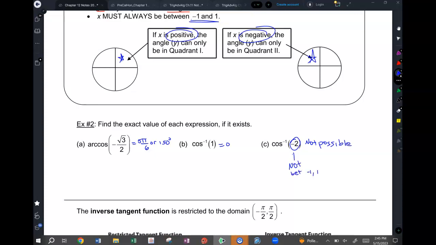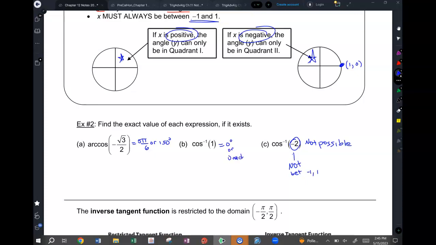I'm kind of confused on how you did inverse cosine of 1. Okay, so what angle gives you cosine of 1? Cosine is the x value, right? So when you're here, you have an x value of 1. Remember, the coordinate there is 1 comma 0, so cosine and sine. So that's why it's 0 degrees, or 0 radians.